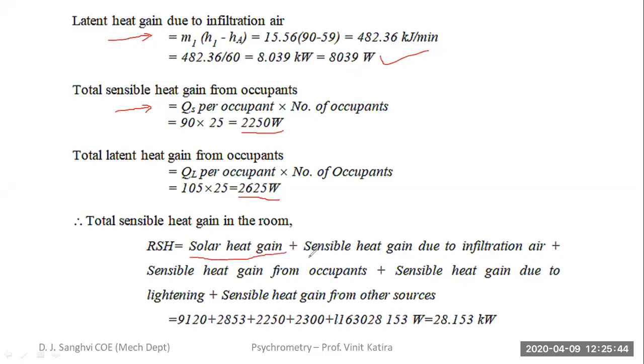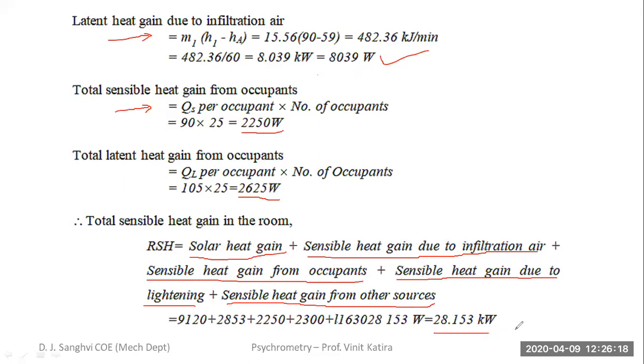You will add to that the sensible heat gain from the infiltrated air that we have just calculated, the sensible heat gain from the occupants, and the sensible heat gain from the lighting. And finally, the question also says there is sensible heat gain from other sources, so you'll have to add that as well. Adding all of those numbers, you should be getting around 28.